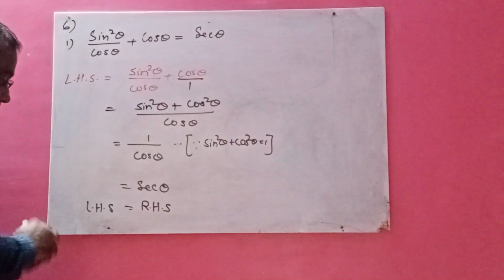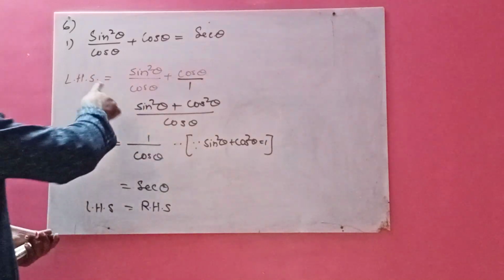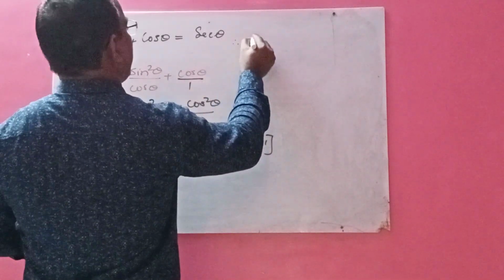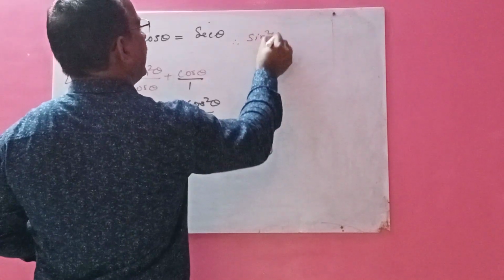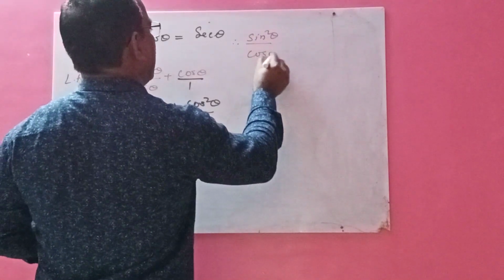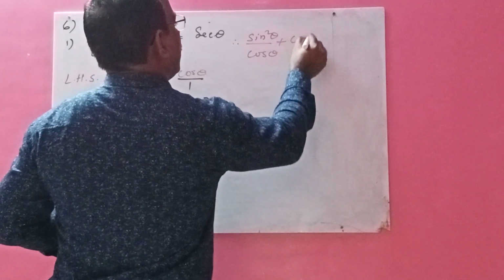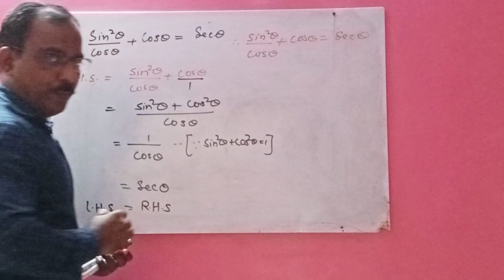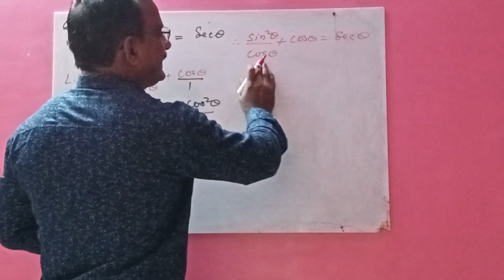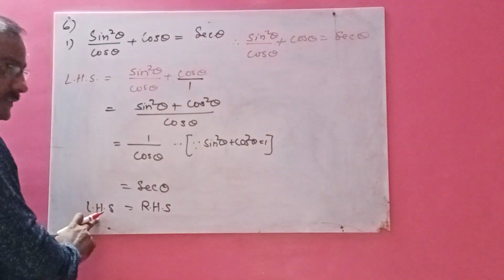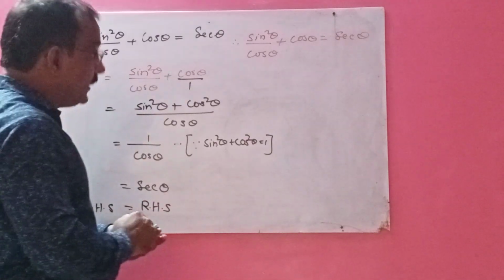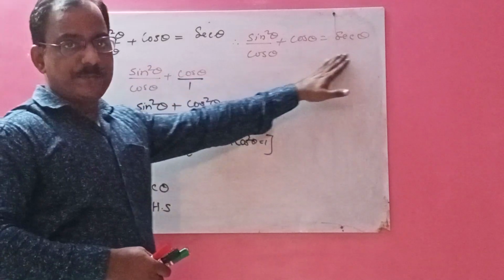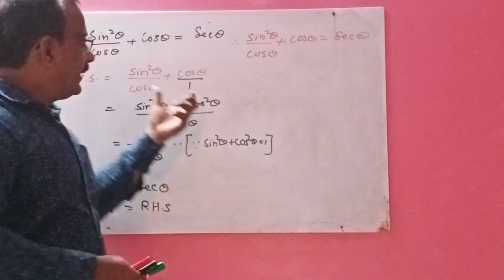First you write this, and again you write down your problem, that is, therefore you will write here sin square theta upon cos theta plus cos theta is equal to sec theta. Hence proved. Final step is this: after writing LHS is equal to RHS, write down your final answer as this problem, hence proved. So I hope all of you have understood this part.